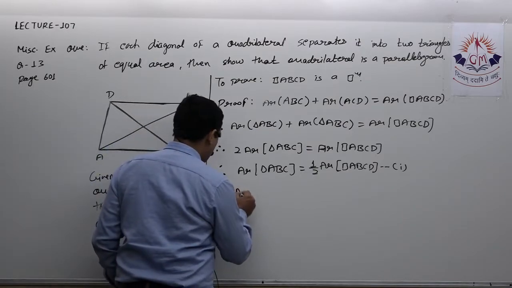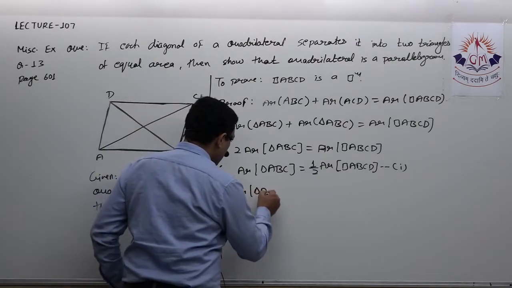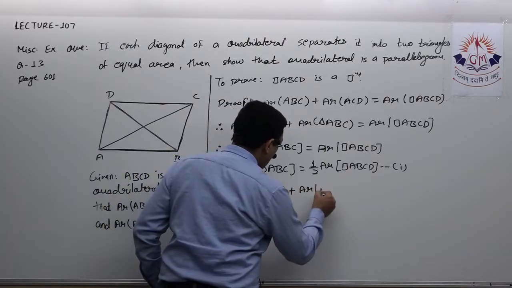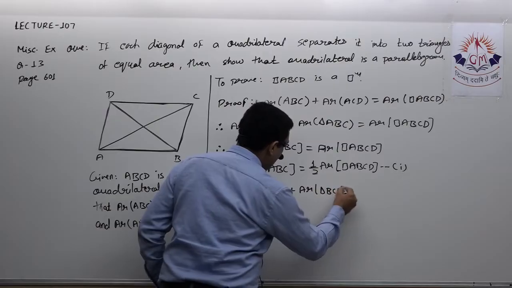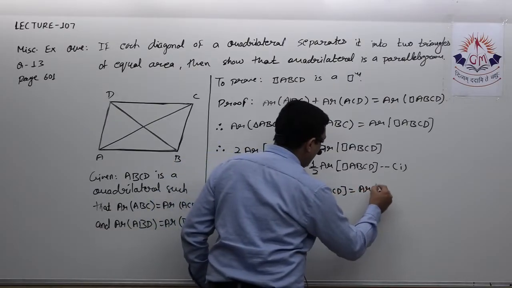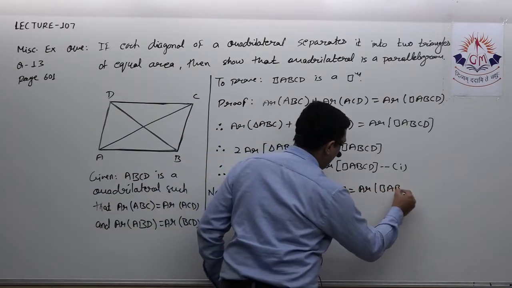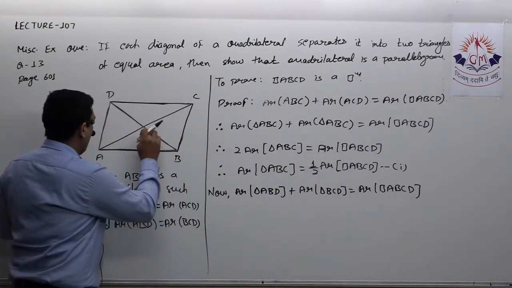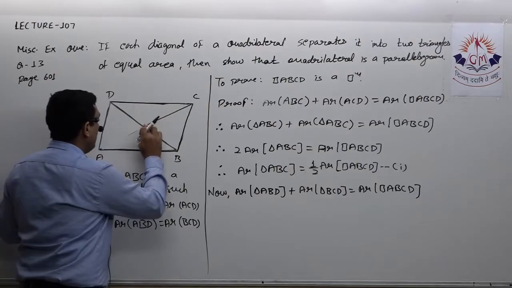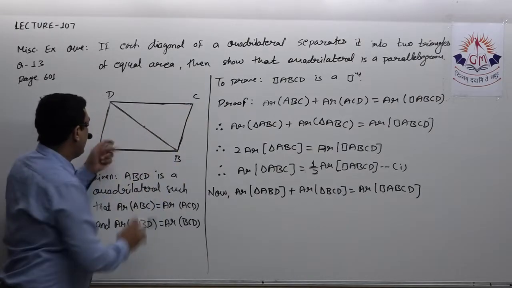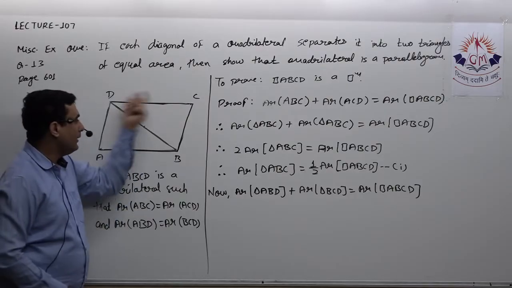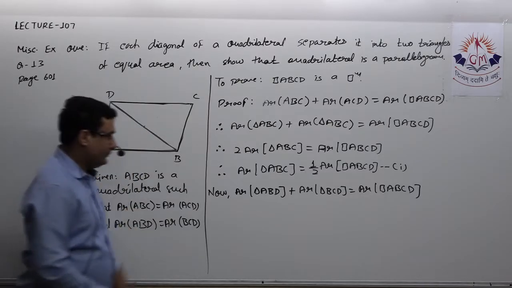Now area of triangle ABD plus area of triangle BCD is equal to quadrilateral ABCD. Simply I am taking this triangle plus this triangle. Definitely if I add the areas of these two triangles, I will get the area of the whole figure.